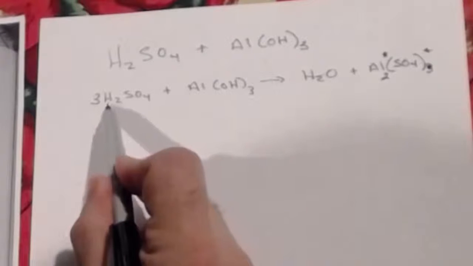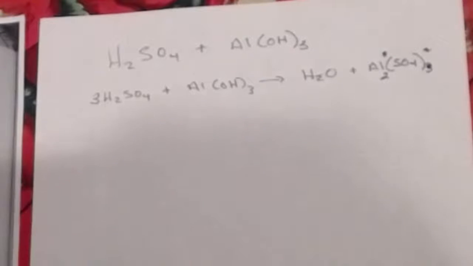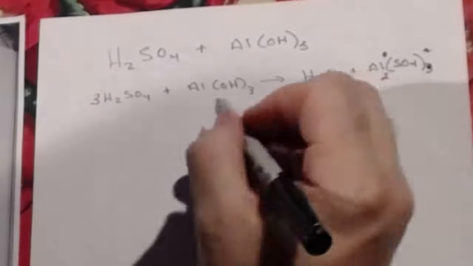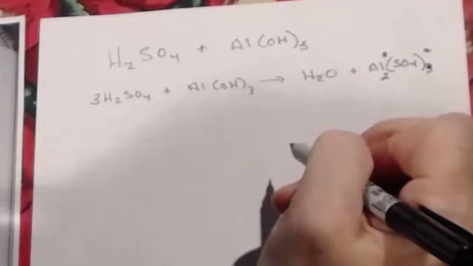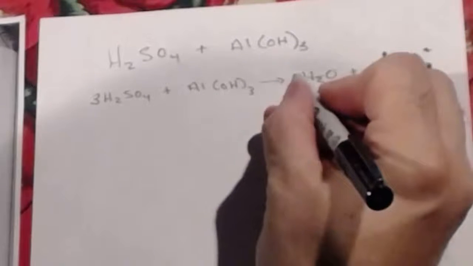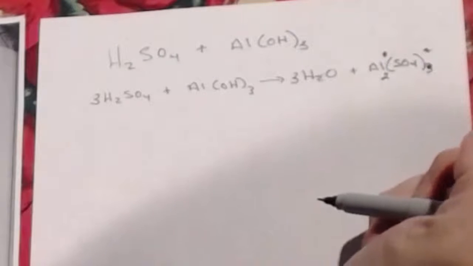So we have 3 sets of H2, or 6 hydrogens, they're going to be donated to the OHs. So if we've got the 3 H2s, we've got 3 OHs, and that's going to make 3 H2Os.